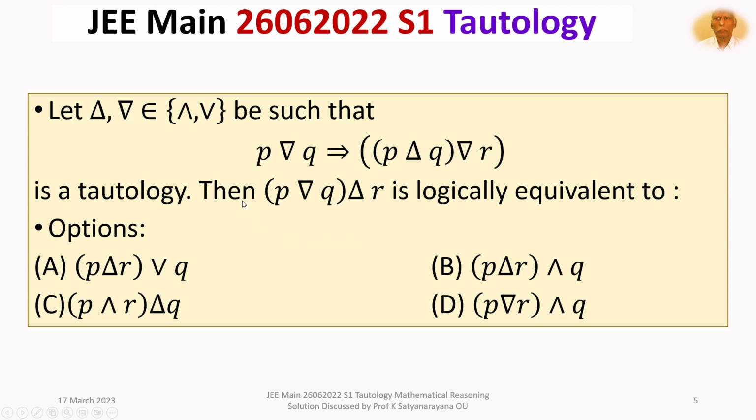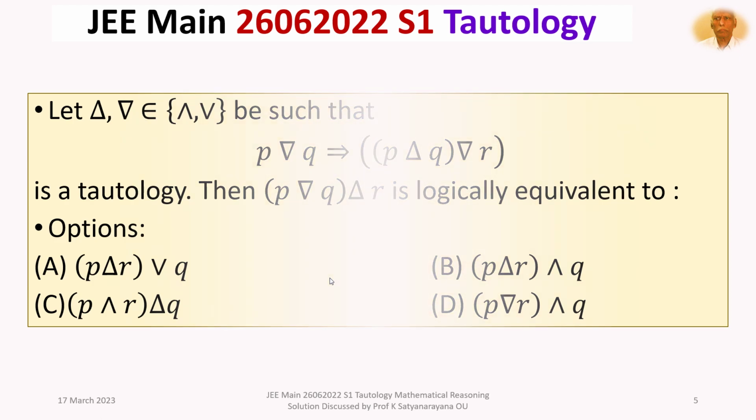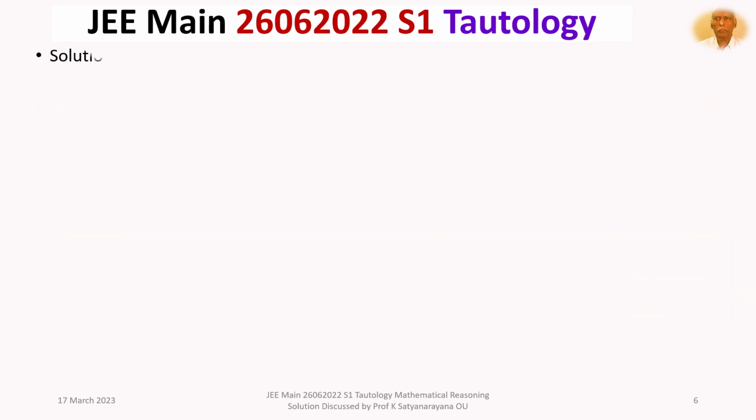We are required to find P del Q delta R logically equivalent to one of the four options. We now discuss the solution of the problem in detail.